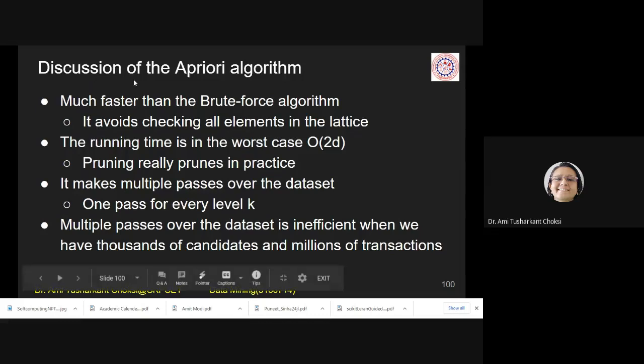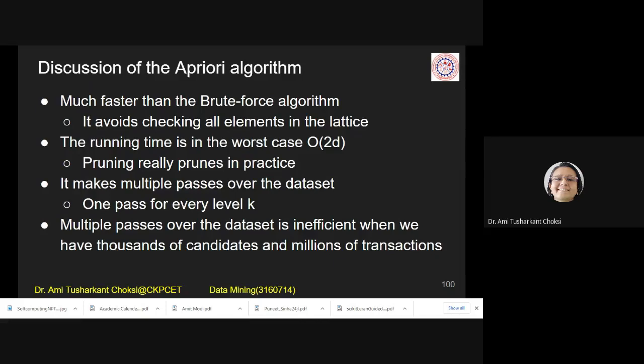We are discussing the a priori algorithm only, but we can compare it with our DIC algorithm. There we are representing it using the lattice and dashed and solid circles and boxes.